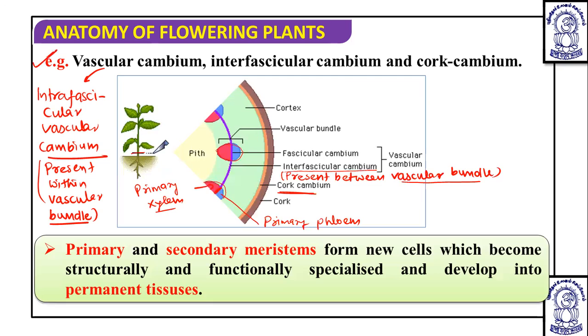This division of meristem into apical, intercalary, and lateral meristem is based on location or position in the plant body. But meristem in plants is also divided based on origin and development.